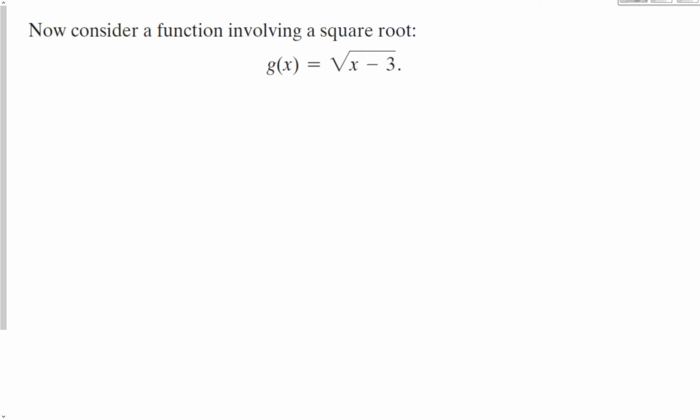Next, let's consider a function involving a square root. Here, I want to make sure the numbers that go underneath the radical are non-negative. So instead of setting x minus 3 not equal to 0, I set it greater than or equal to 0. In this case, having 0 is okay because the square root of 0 is 0. Add 3 to both sides, and I get that x must be greater than or equal to 3.